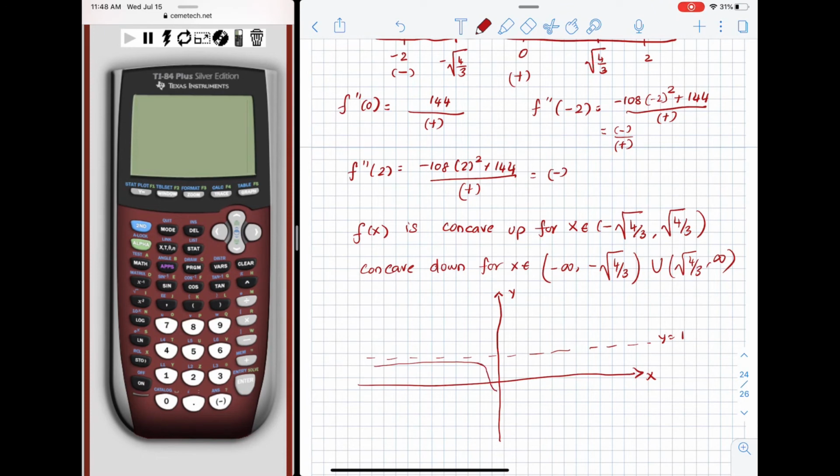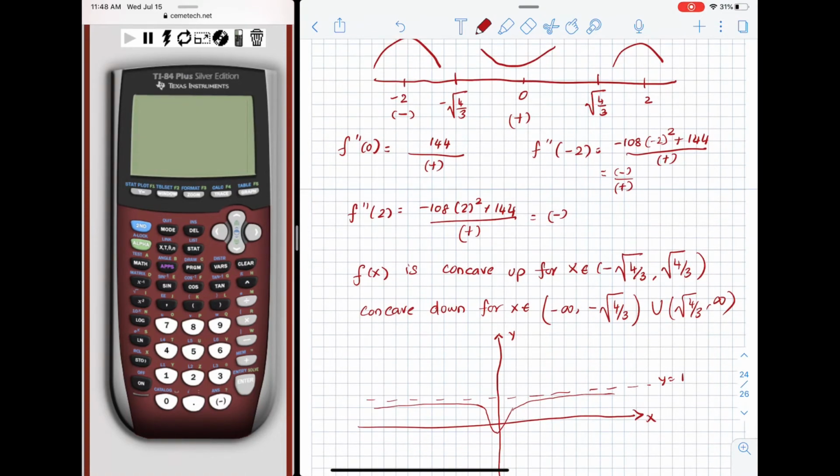So maybe the function is going like that. And it has an asymptote. And that satisfies the second derivative conditions that it's concave up between negative square root of 4 over 3 and positive square root of 4 over 3 and concave down otherwise.